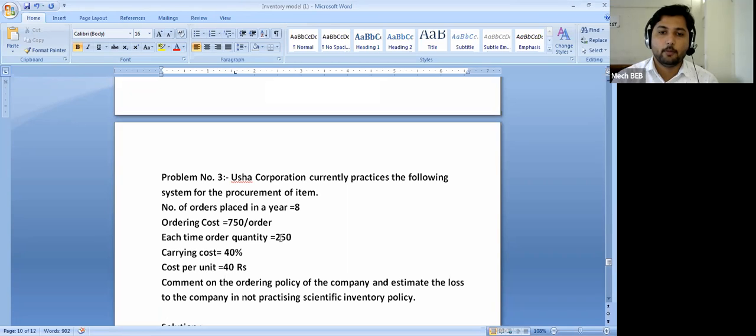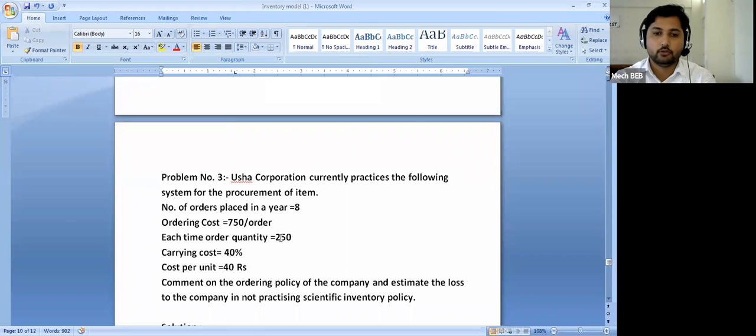Number of orders placed in a year is equal to 8. Ordering cost is equal to 750 per order.